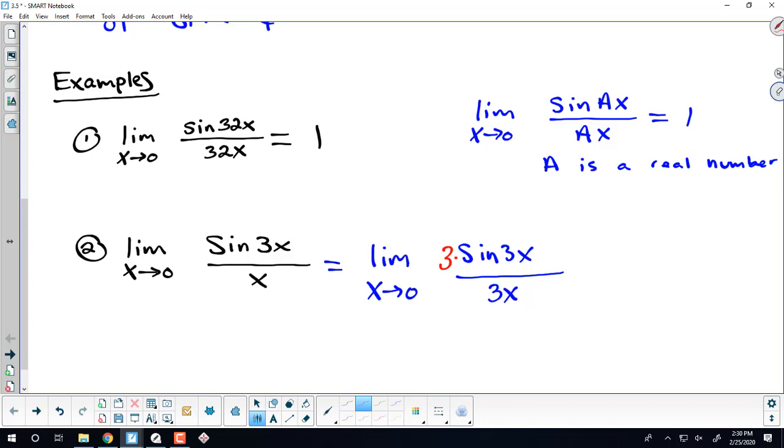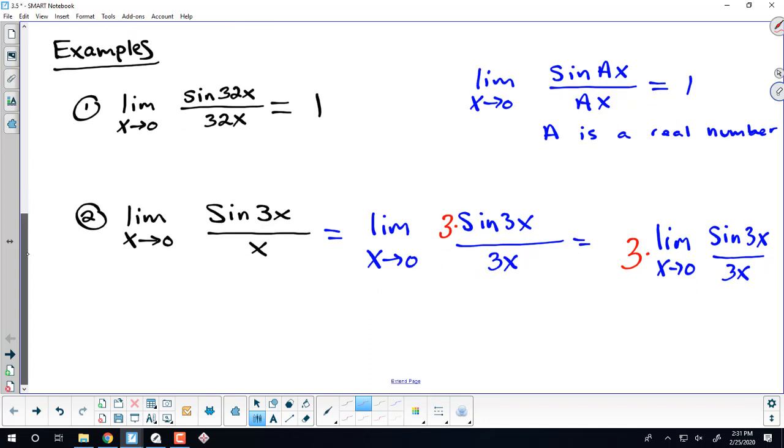So think about that red 3 as just sitting out in front of the limit. Then what we're applying the theorem to is this part, the limit as x approaches 0 of sine 3x over 3x, times that 3. And that whole limit in blue is equal to 1. Therefore, the entire limit is equal to 3.